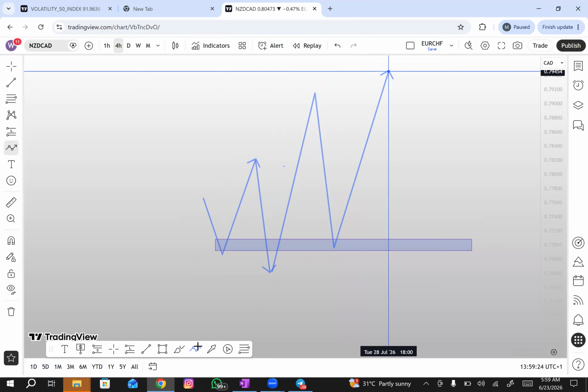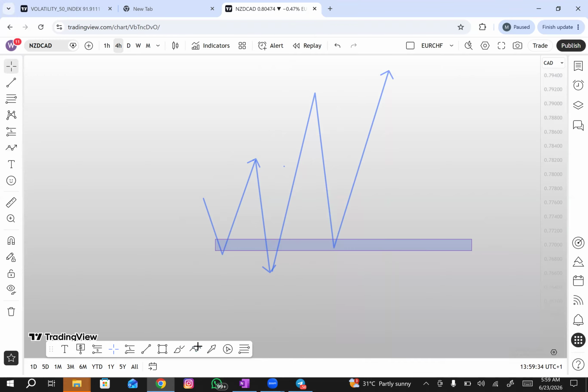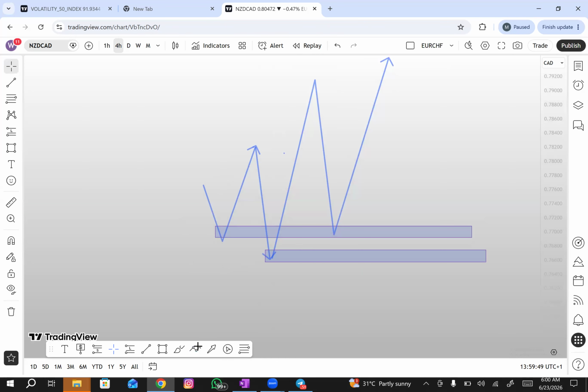The order block that failed. Why? Because if I use the order block here, price may never come there. You see, price may never come there. So that means you miss your entry. Several times it has happened.